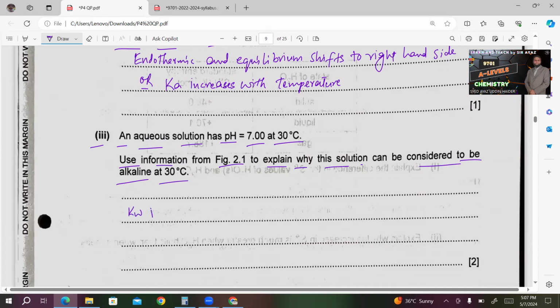Kw increases with temperature, which means OH minus concentration is greater than H positive ion concentration. Therefore, it's alkaline.